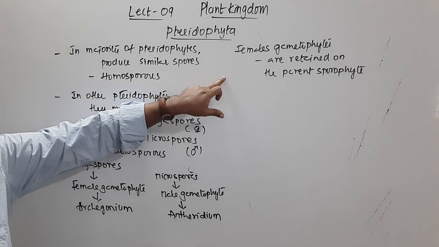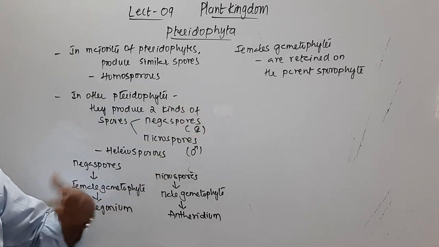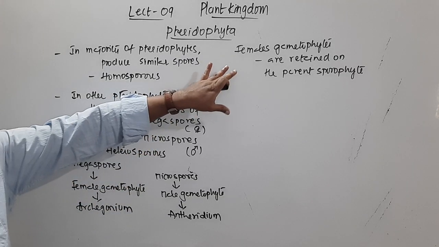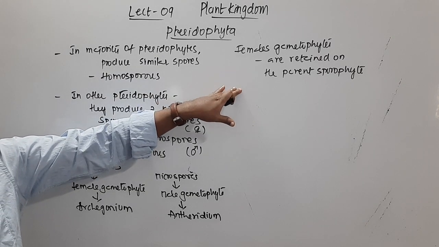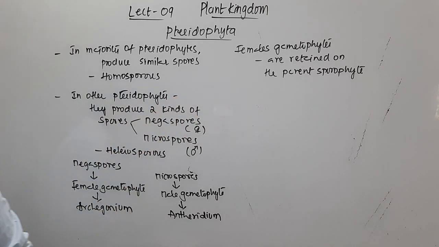The female gametophytes are retained on the parent sporophyte, and the fertilization and development of the zygote into the sporophyte all take place in the female gametophyte only. So retaining the female gametophyte on the parent sporophyte is a precursor to the seed habit.